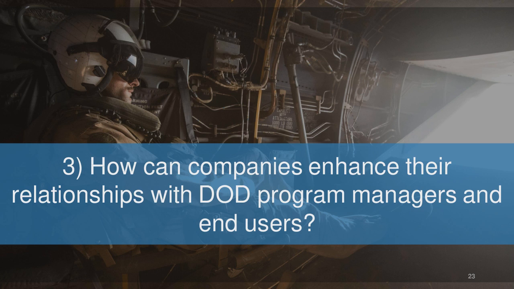Those prime contractors can provide great resources for you. They can be a subcontractor on your Phase II, for example, and eventually be your customer because they're likely to be developing the large systems that DoD is looking for. Okay, go ahead.